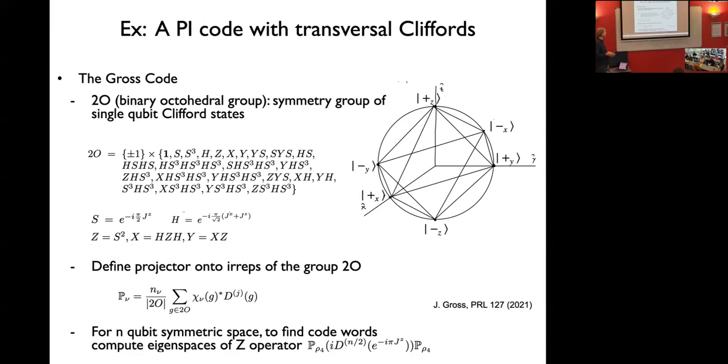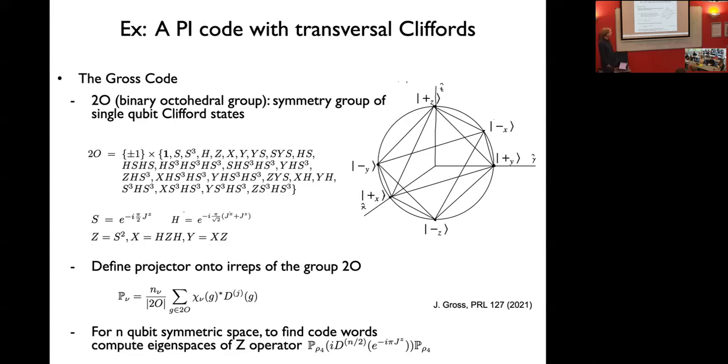A way to look at that is to look at the stabilizer states for a single qubit. These are the plus and minus eigenstates of X, Y, and Z, so it's these 6 states represented on the Bloch sphere.